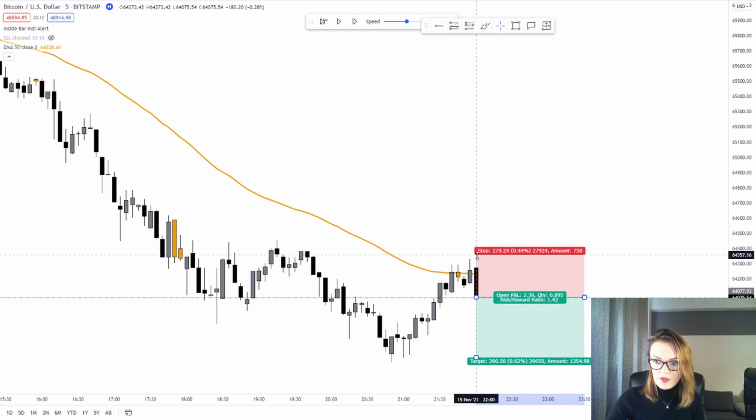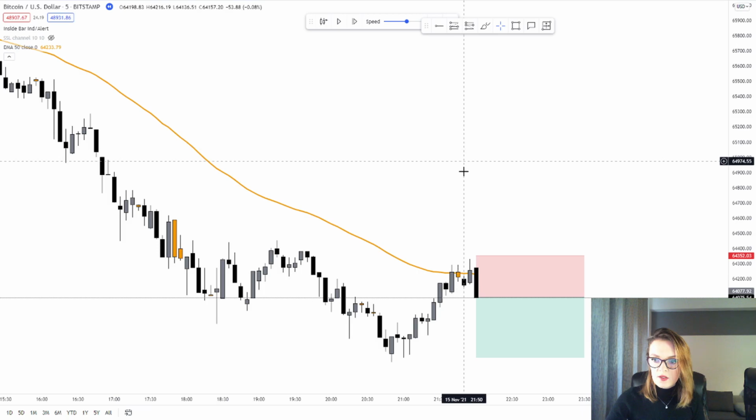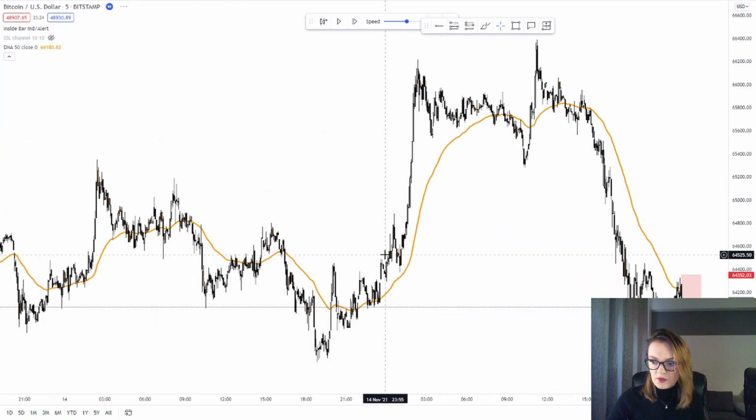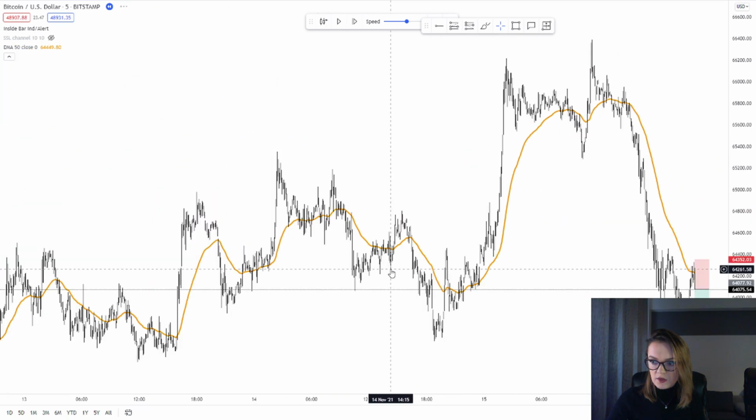The stop loss will be above our bearish engulfing formation here, and now we'll have to look for a target area, and let's zoom out a little bit to see what we will get here.